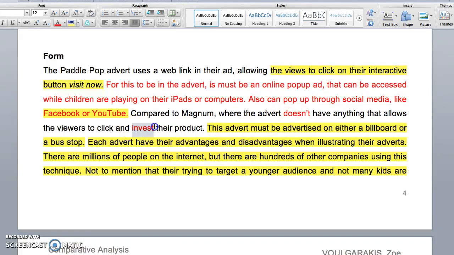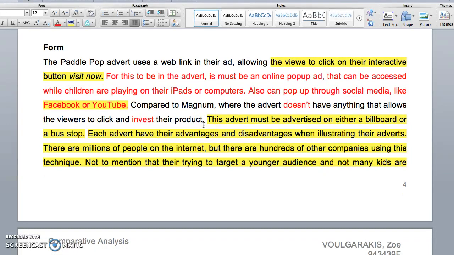I don't know what you mean by "to click and invest their product." I think the fact is that both of these are print advertisements that would be placed on billboards and in shopping centres and bus stops. In places, you have to show your understanding.